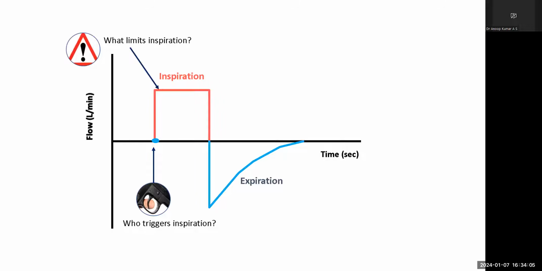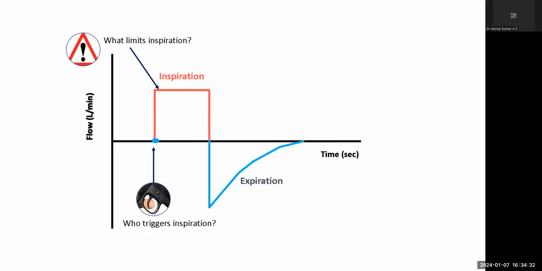Then what limits the inspiration? At what level is the inspiration getting limited? Here again, you have two options: either volume control or pressure control. In a volume control ventilation, once the airflow reaches the target volume level, the inspiration is limited at that point.